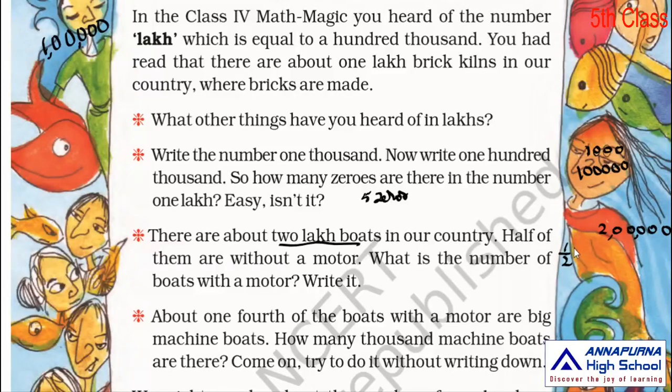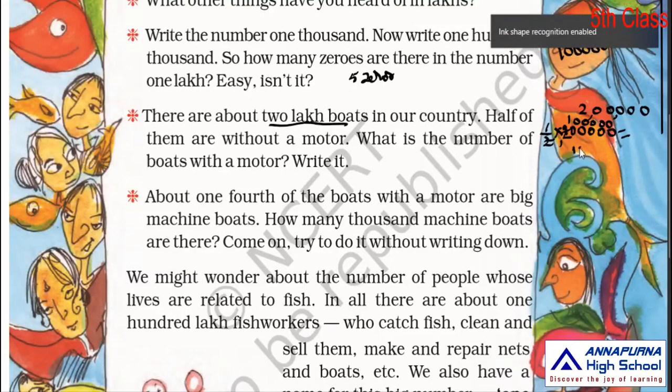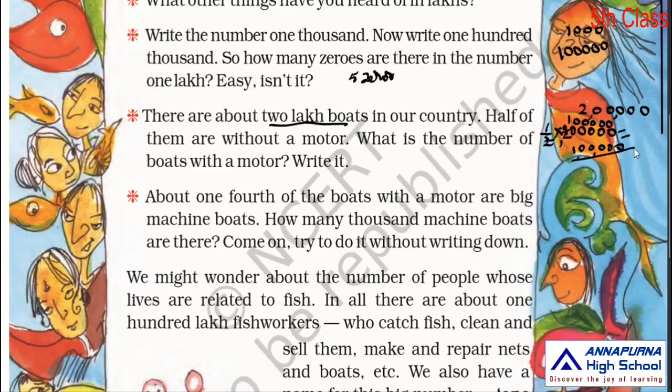We can say it orally, or otherwise, half, 1 by 2 of 2 lakh is equal to, we can cancel it, 1 lakh. So half of them are without motor. That means without motor is 1 lakh.